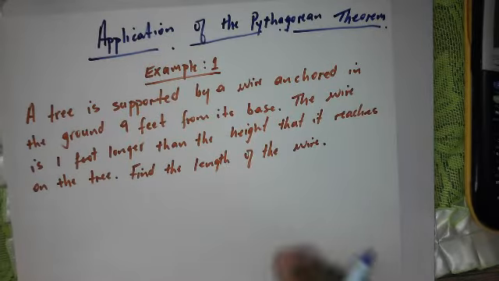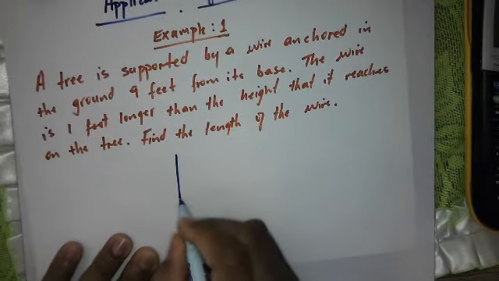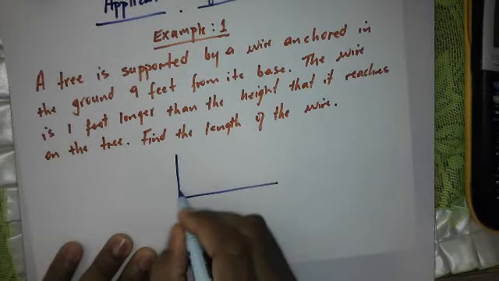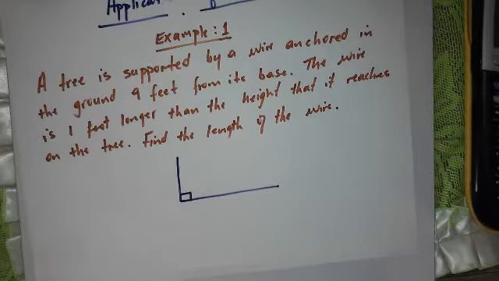Okay? So, here's your diagram. So this is the tree, this is the ground. So they will meet at a right angle there. Also, if it talks about a wire anchoring something, the length of the wire will represent the hypotenuse of the right triangle.